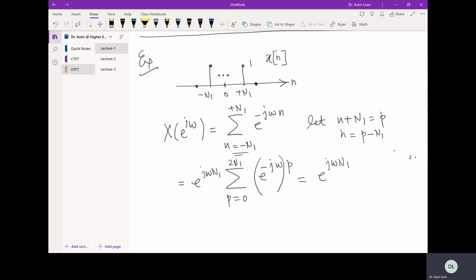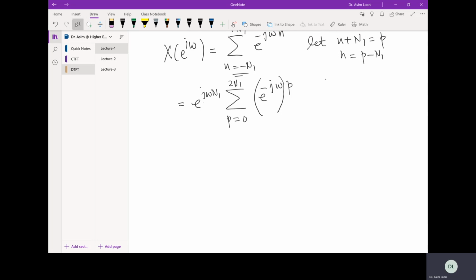Let me write it down in the next line. So this is equal to e j omega n1, 1 minus this argument raised to the upper limit plus 1, divided by 1 minus this argument e minus j omega.